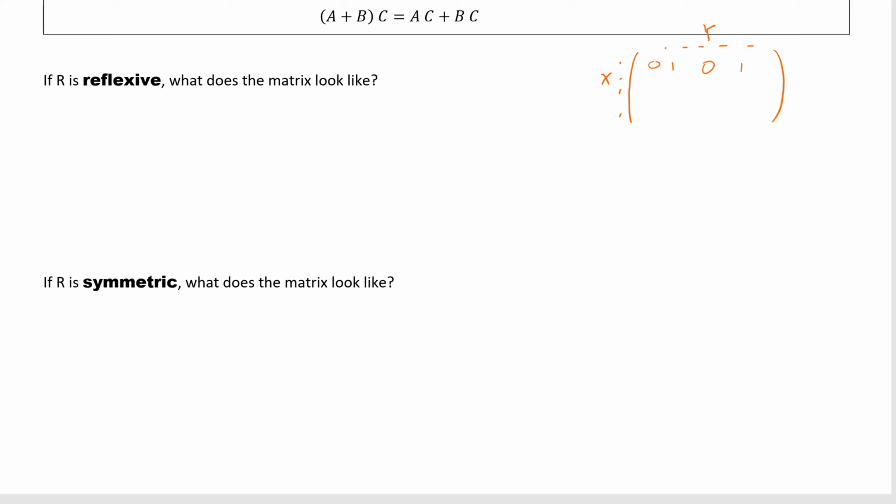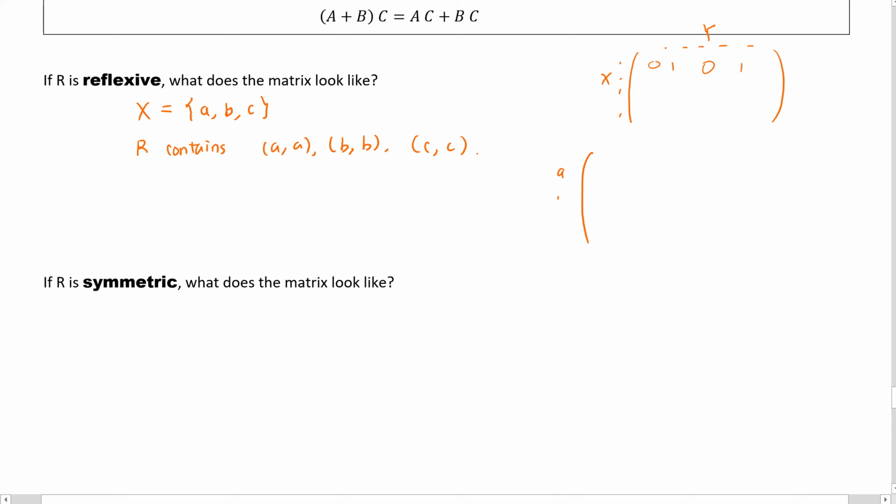What is special about reflexive? For example, if X is A, B, C, reflexive means R must contain AA, BB, and CC. If we want to draw those pictures, we have ABC here and ABC here. By the way, the order of the elements might change. You can fix the order ABC, or you can use the order BAC or CBA.